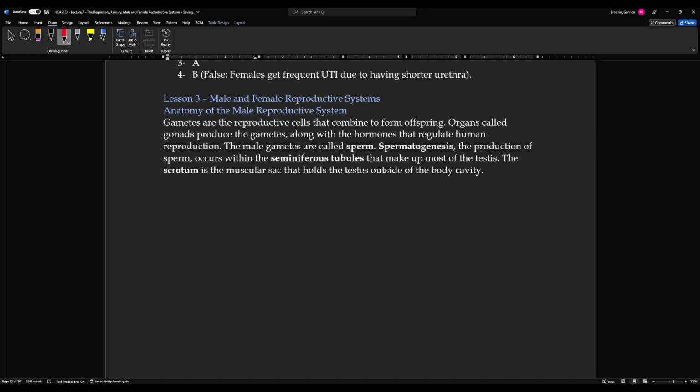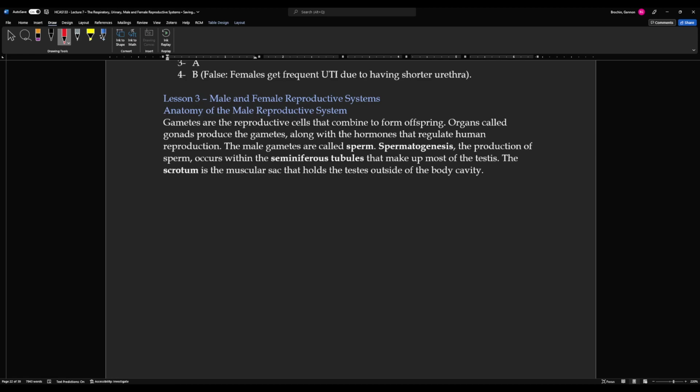Really, the whole purpose of the reproductive system is to create gametes and have a way for these gametes to be introduced together to create offspring, right? So the male system primarily exists to bring the sperm as close to the egg as possible.